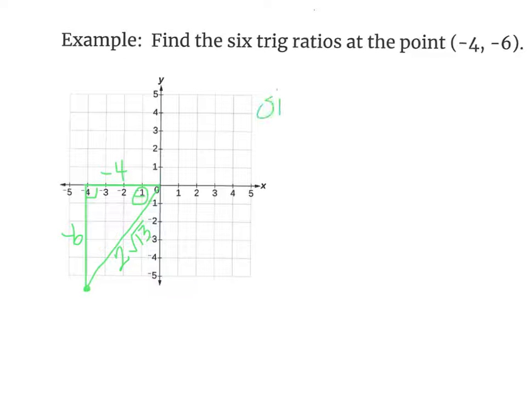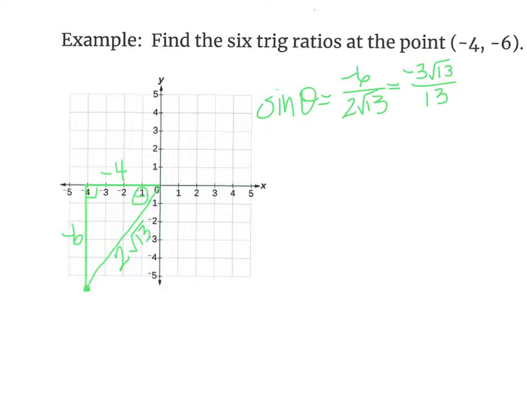Form those trig values then for theta. Sine of theta, opposite over hypotenuse, but that needs to be simplified. We need to simplify it by multiplying by the square root of 13, top and bottom, and also simplifying -6 over 2. That gives me -3 square roots of 13 over 13.